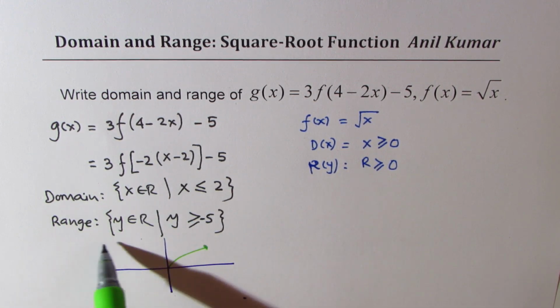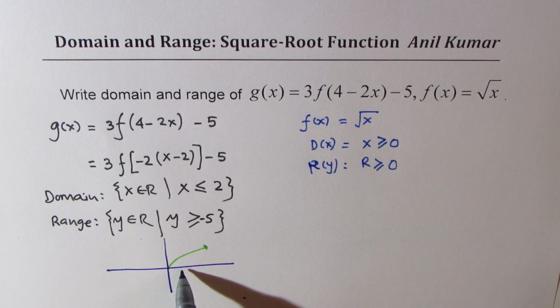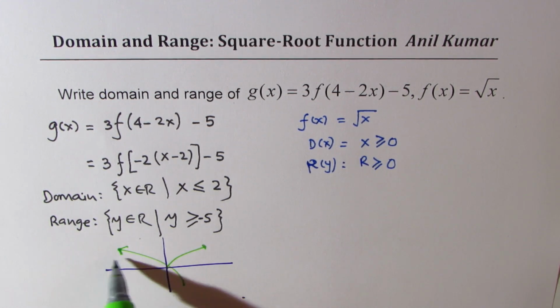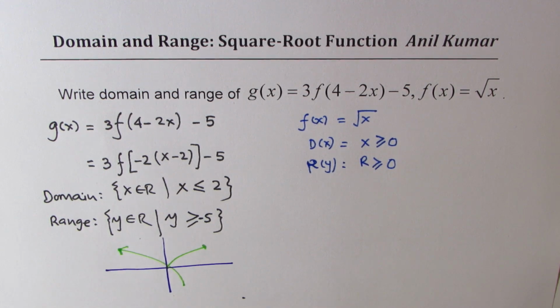So it's reflected like this, moved 2 units right and 5 units down. So it's kind of like this. Do you see that? So this is your final graph, where the location is at (2, minus 5) and it's going on the left side. Do you see that? So that is how you get your domain and range.